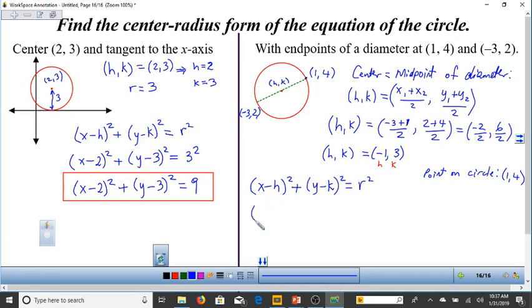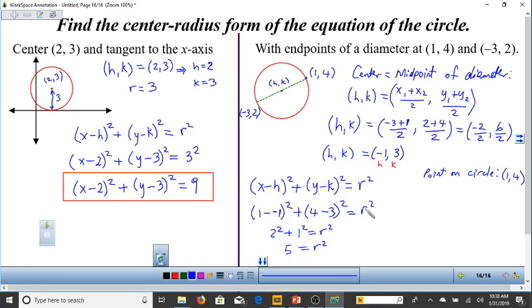We're going to substitute x is 1, h is -1, y is 4, k is 3, and r squared we don't know, but that now becomes easy. 1 minus -1 is 2, so we have 2 squared plus 1 squared, and that gives us 5. So r squared is equal to 5.